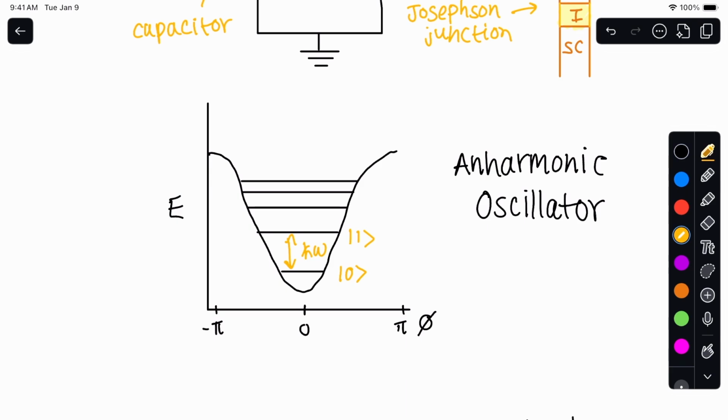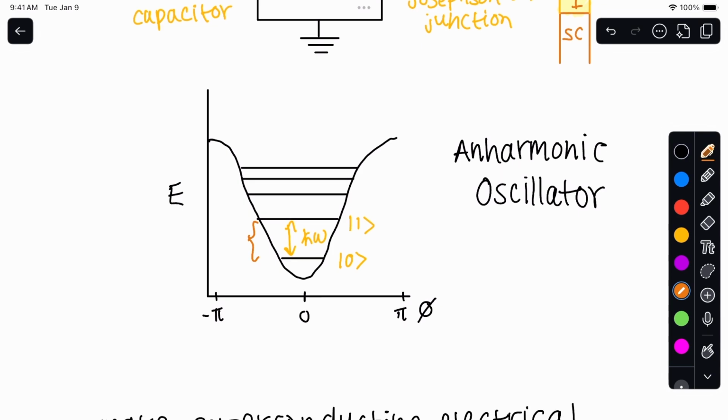If we're in the 1 state and we apply a photon corresponding to this frequency, we can't be excited up to the second excited state because it's the wrong amount of energy to add. So the only option is stimulated emission back down to the 0 state. The transmon qubit is arguably the simplest superconducting qubit.